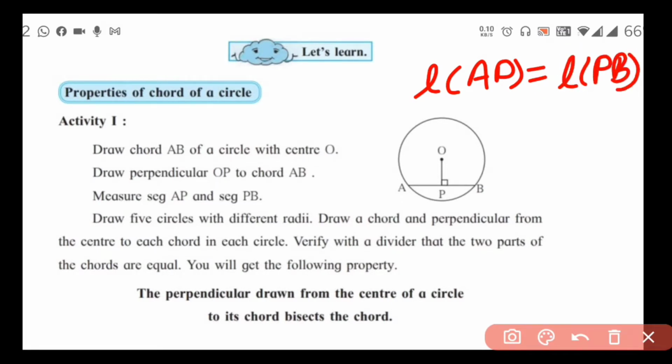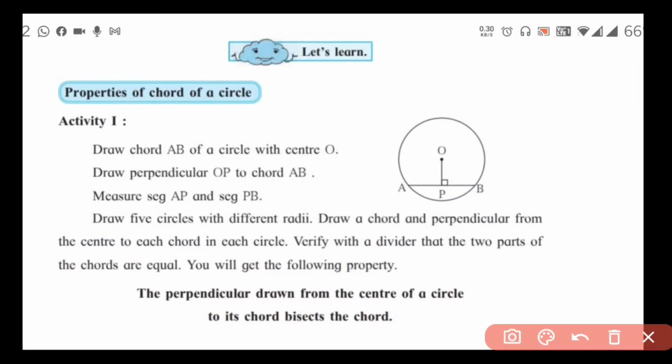So in this way the perpendicular drawn from the center of the circle bisects the chord. The chord is divided into two equal parts. So for example, if AB is 24 cm in length, then AP will be 12 cm and PB will be 12 cm. In this way we use the property for solving the sums. Now let us see the second property.